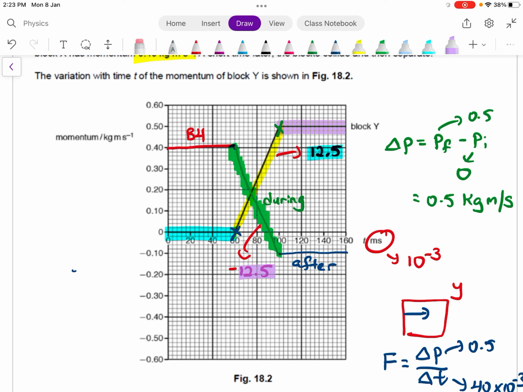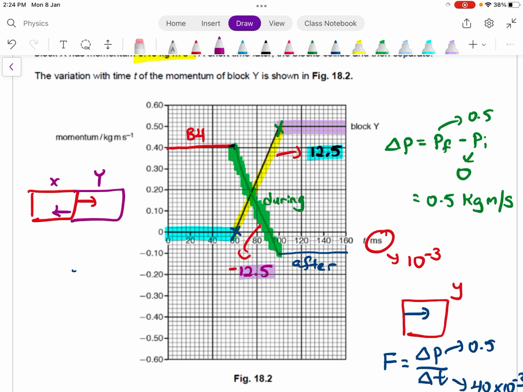Because they are actually Newton's third law. So during collision, this is X, this is Y. So X actually exerts a force of 12.5 Newton towards the right hand side. Then Y on X is also 12.5. Just that the difference between these two forces is the direction.